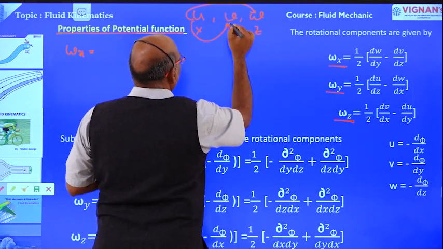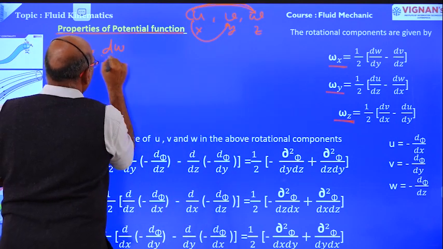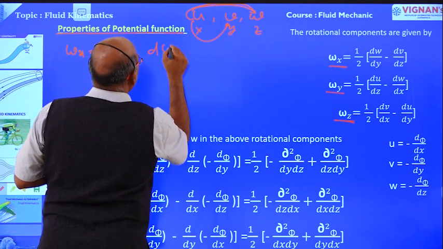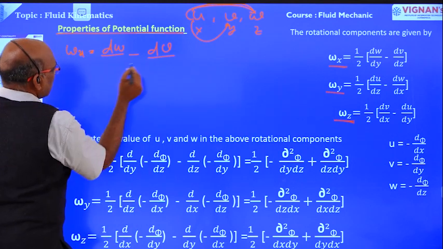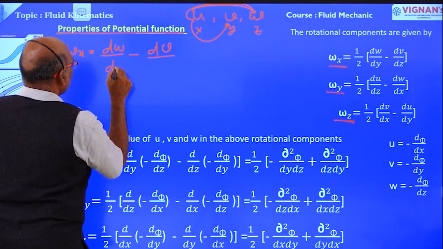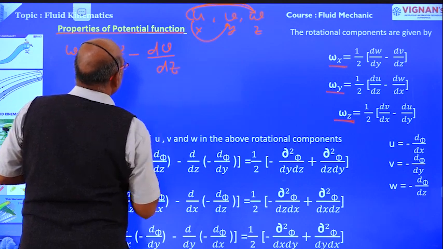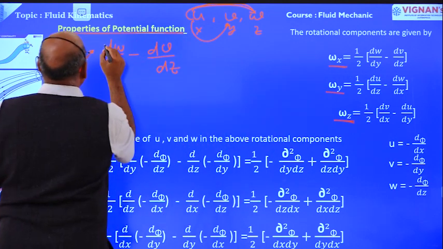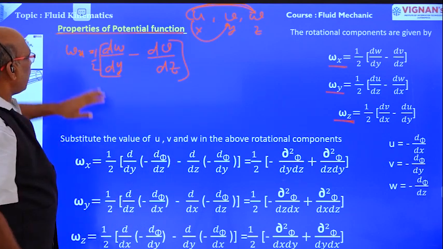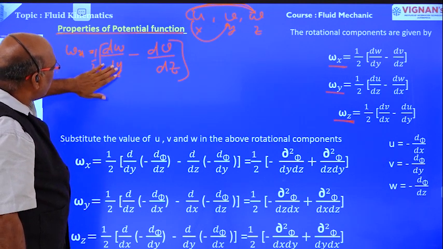That is dw minus dv, divided by the direction given here, dy and dz, multiplied with 1 by 2. So ωx is equal to 1 by 2 into (dw/dy minus dv/dz).